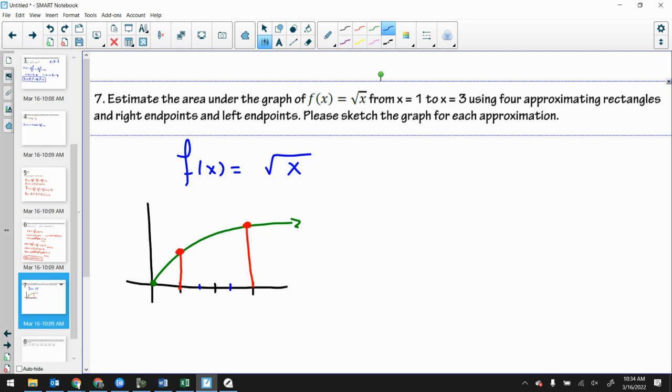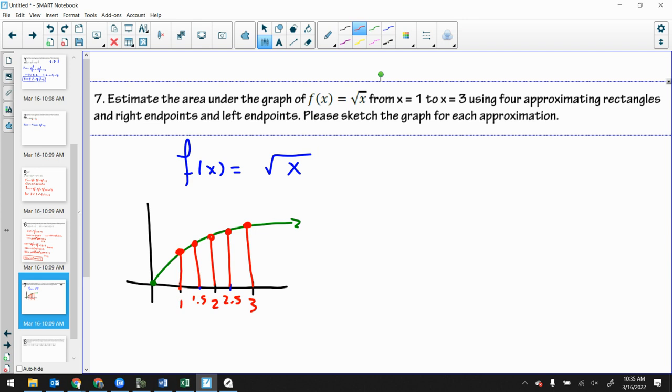We'll see. Okay, so I've got 4 approximating rectangles. If I want to draw in my 4 approximating rectangles, I've got to use these points. So this is 1, 2, and 3. This is 1.5 and 2.5, right? So I'm going to draw in these 4 strips. Do you see them all here? 1, 2, 3, and 4.